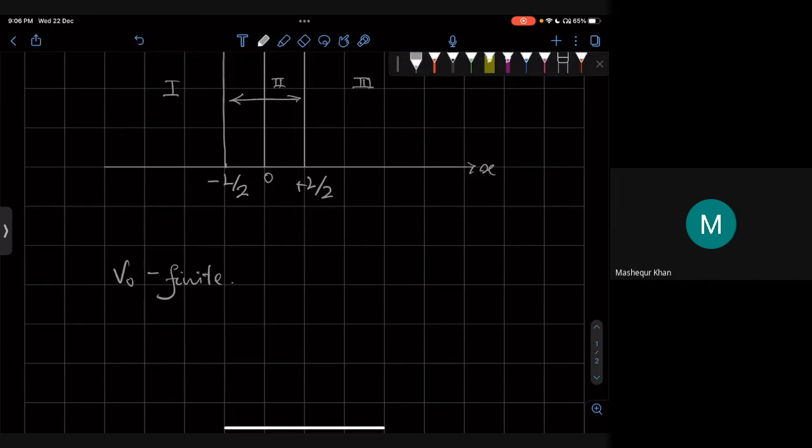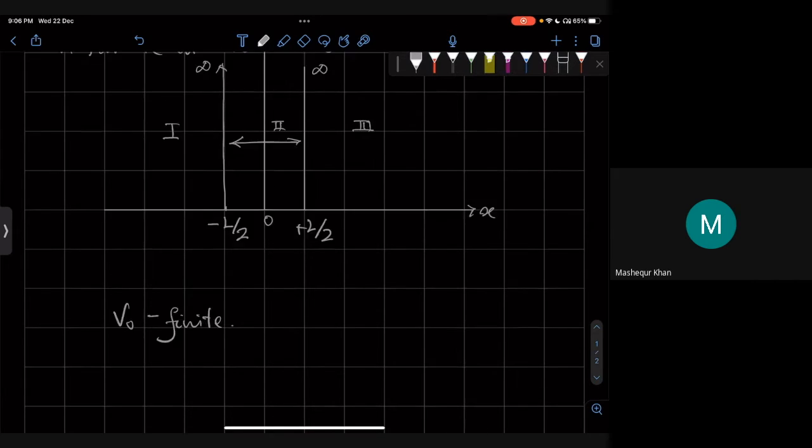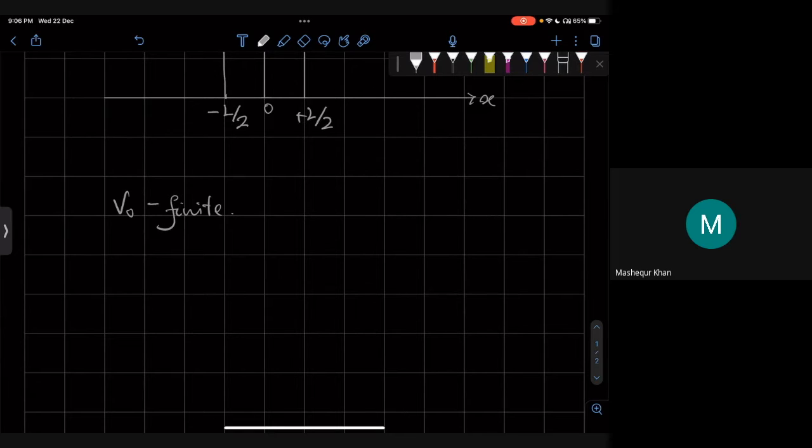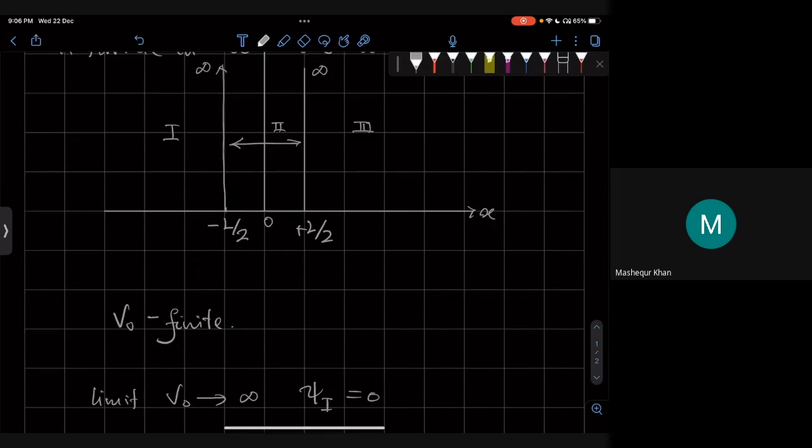And then we allowed V0 to go to infinity, right? And there we saw that in region 1, in the limit in which V0 goes to infinity, psi 1 in region 1 is 0. Similarly, psi 3 in region 3 is 0. So what we have left is something in psi 2.